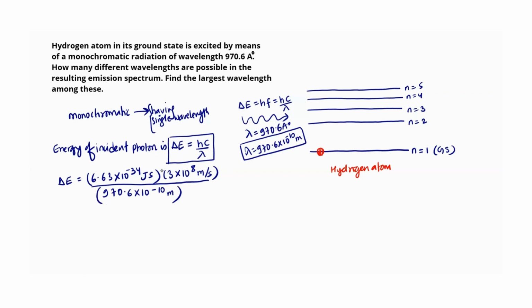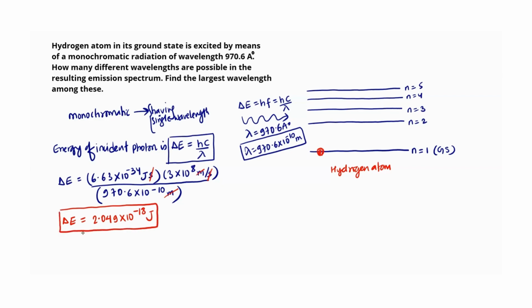So second and second cancel out, and meter and meter cancel out. After calculation we get the energy of the incident radiation or photon as 2.049 times 10 power minus 18 joule.